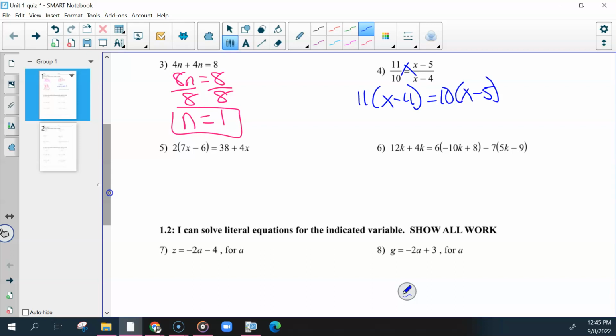Some of you cross multiplied but just multiplied 11 to x or 10 to x or 11 to -4 and 10 to -5, but not to both things, so just be careful there. Again, double check your math. For the most part, what I saw here was fine. I did see some 55s here. I think you were looking at 11, but multiplying by 5, so just be careful there.